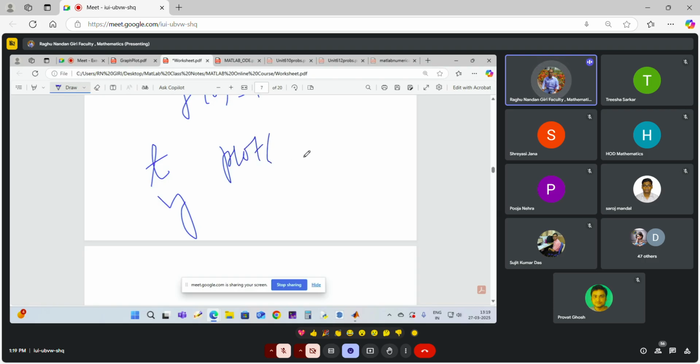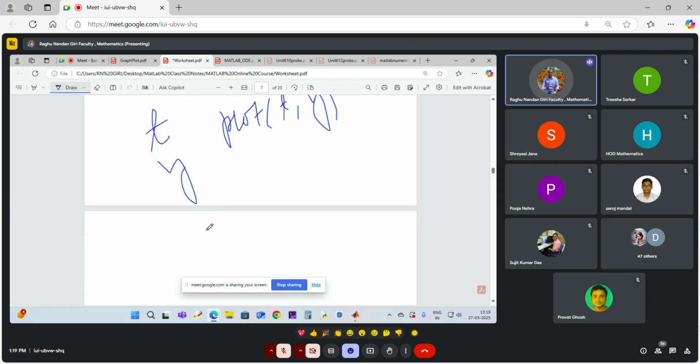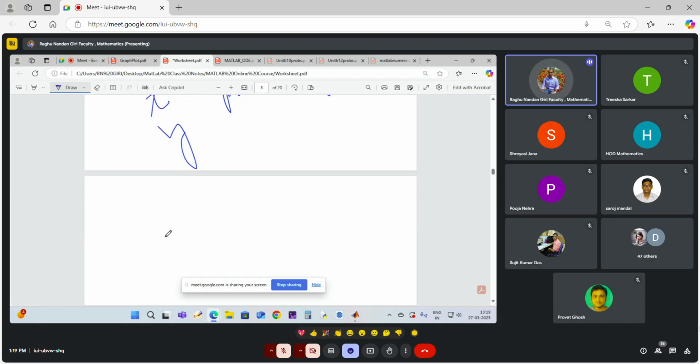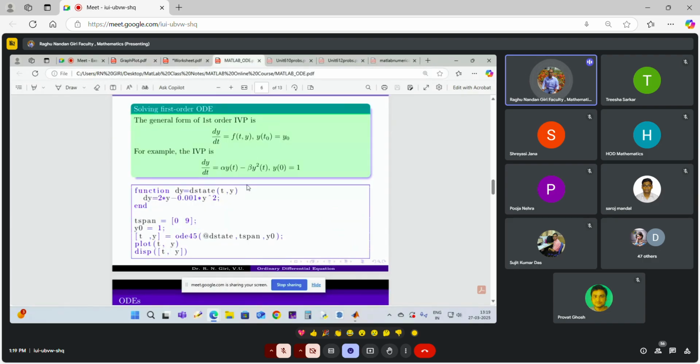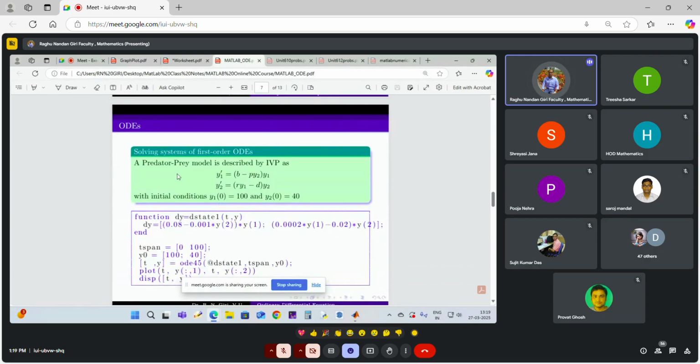Putting the two vectors in the plot command, we get the 2D graph, as I discussed in the lecture on 2D plotting. In this way, we can solve the first order initial value problem.